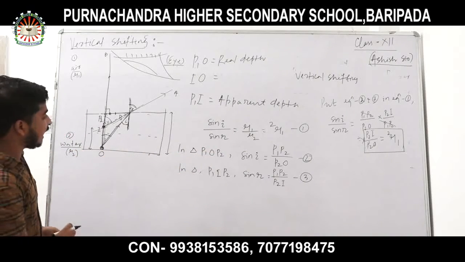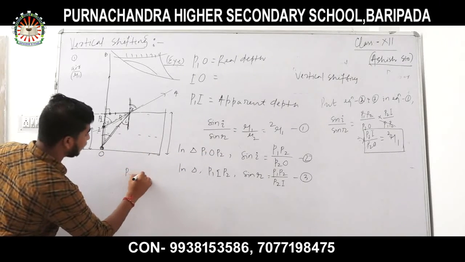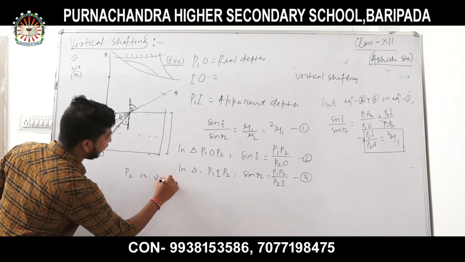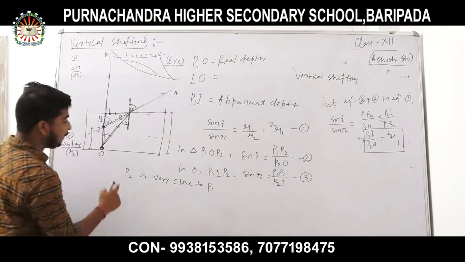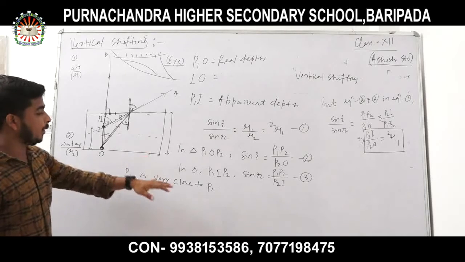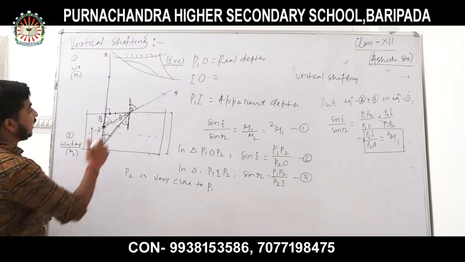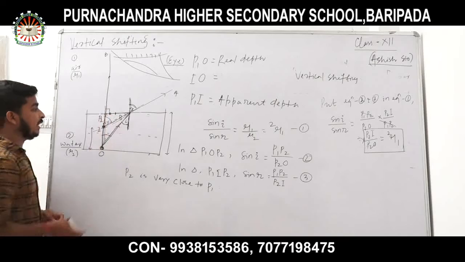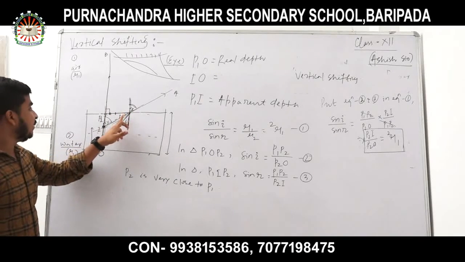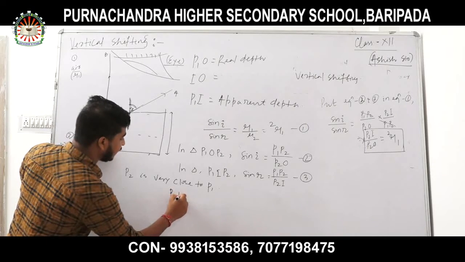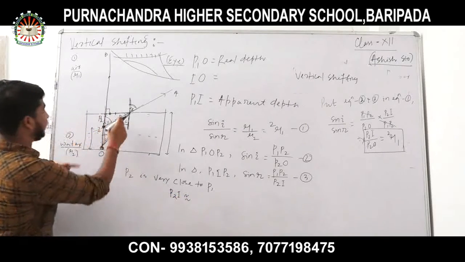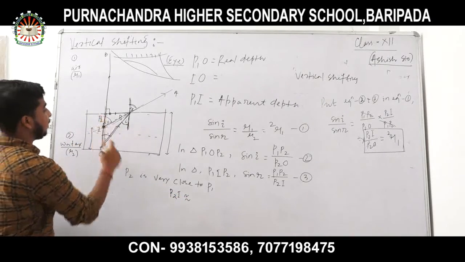So I can say that for P2 very close to P1, the expression is the same, that is P2I by P2O is equal to the refractive index of 1 with respect to 2. If P2 is very close to P1, I can say that P2I is nearly equal to P1I.